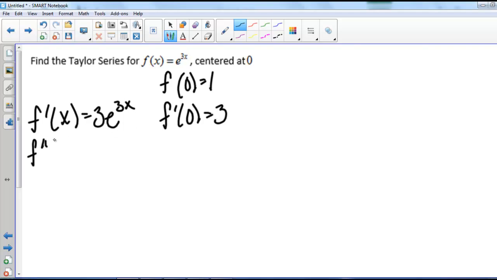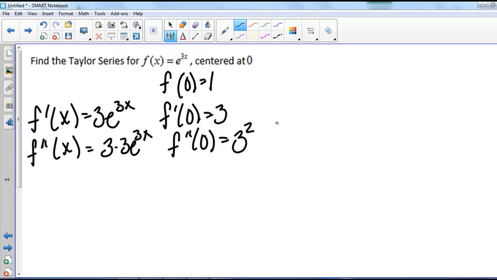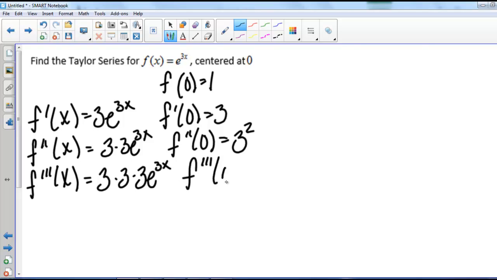The second derivative is 3 times 3e to the 3x. f double prime of 0 is 3 squared. The third derivative of f is 3 times 3 times 3e to the 3x, and the third derivative at 0 is 3 cubed.